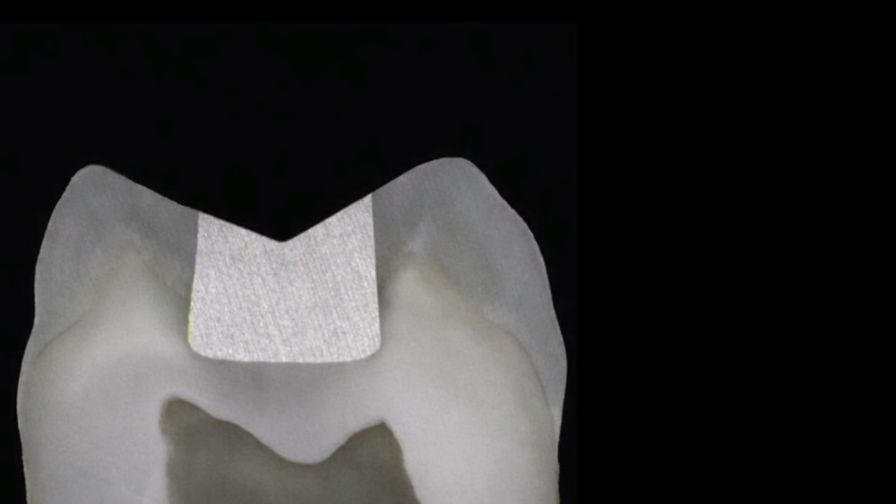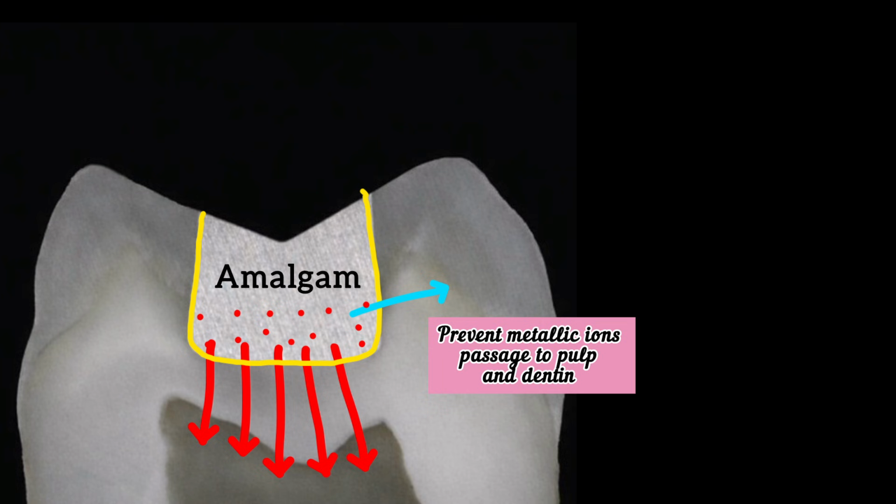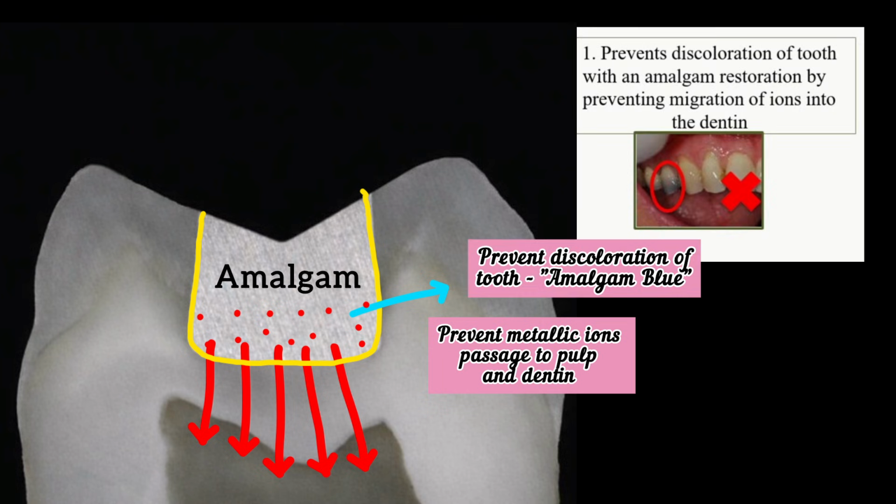Varnish is mainly used under metallic restorations, so that any ions leaching out of the metallic restoration will not go deep down to the pulp via the dentinal tubules. Although one of the drawbacks of varnish is that its effect is very temporary, as it can dissolve over a period of time.